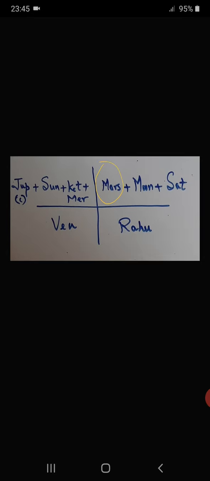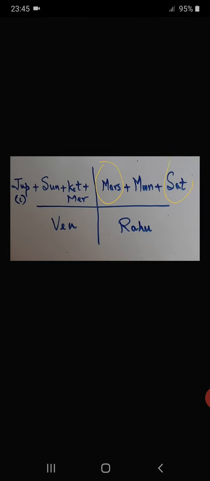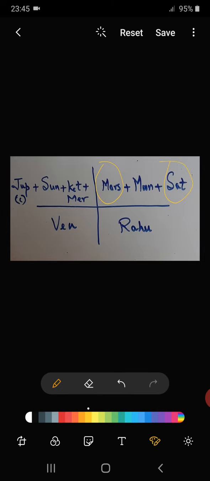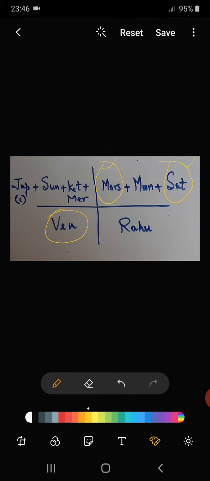The Mars actually represents the spouse. The Saturn represents the person who is the female, her elder brother. Mars and Saturn are enemies. This is what the Hindu astrology says. Well, it is disputable.